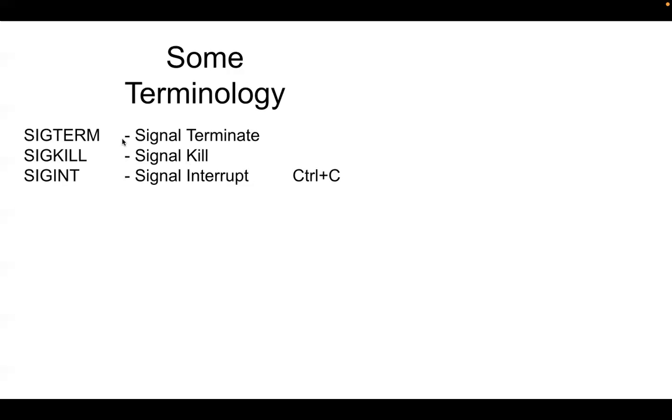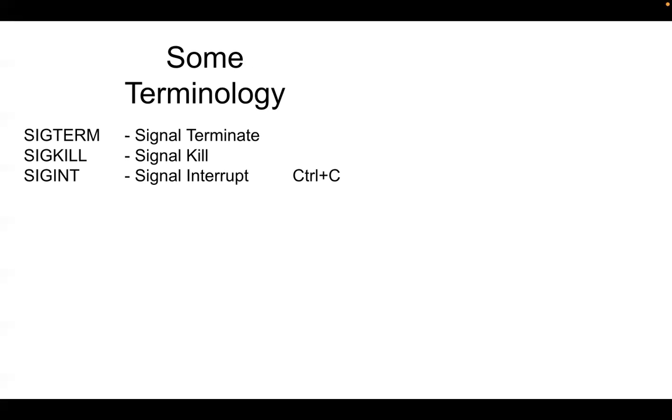We have SIGTERM, SIGKILL and SIGINT. Especially SIGINT is used in the terminal: if you press Ctrl+C in the terminal, you basically send SIGINT to your CLI program. SIGINT is important for CLI applications.